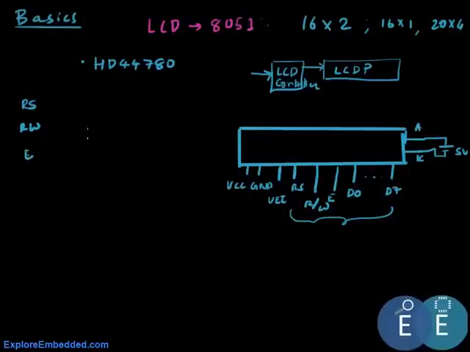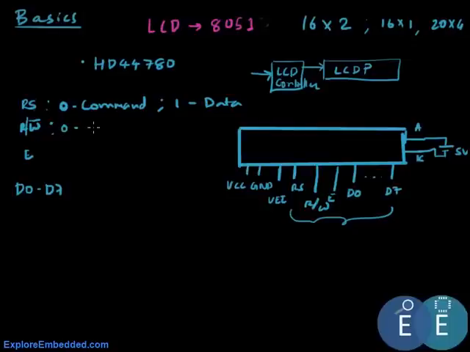So these are used along with the data bus D0 to D7 to interface with the microcontroller. Now register select, when it is 0, selects the command register inside the HD44780 graphics controller. When it is 1, it selects the data register. Now we can write this as read/write bar, so to understand it better.